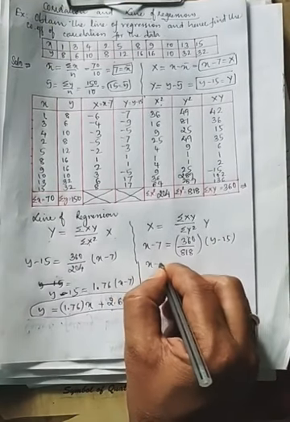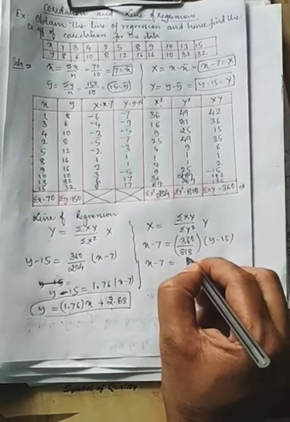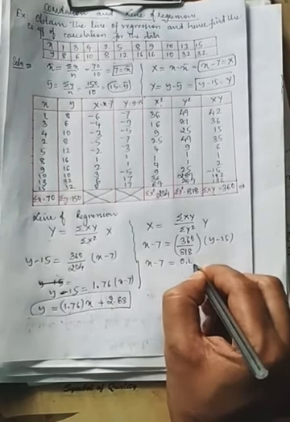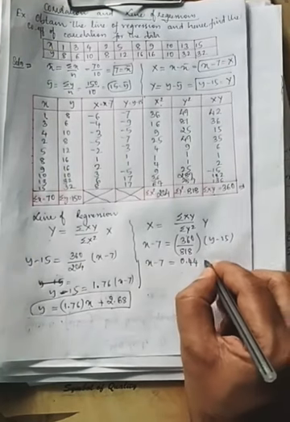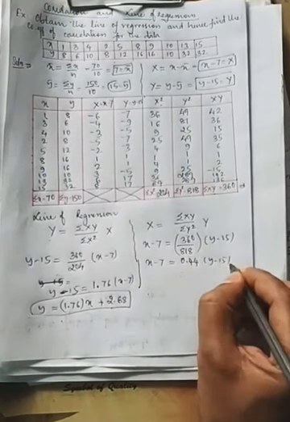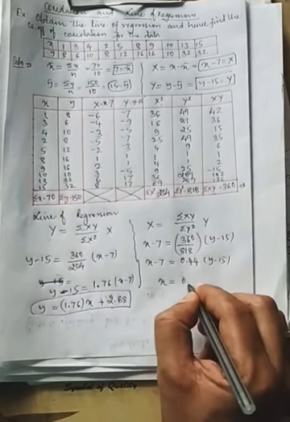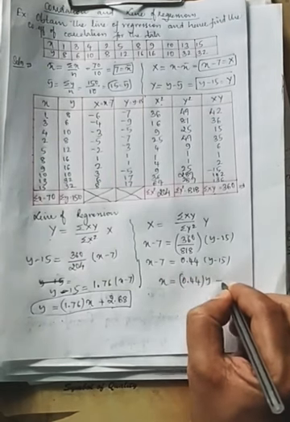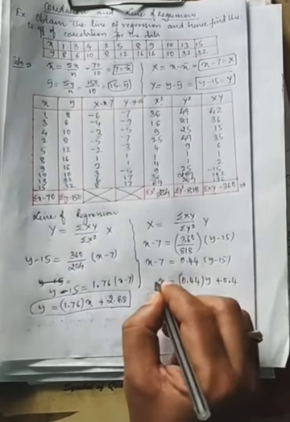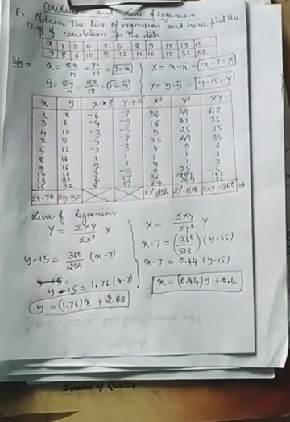Similarly, x minus 7 is equal to 360 divided by 818, that is something like 0.44, into y minus 15. If you calculate the value of x, then it becomes 0.44 times y plus 0.4. So this is called the line of regression of x on y.